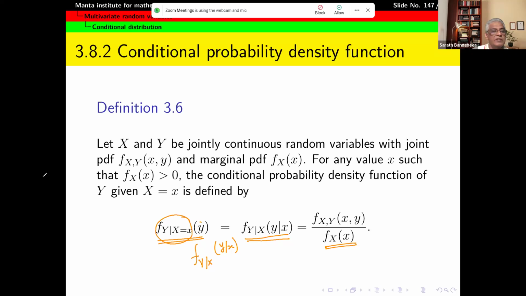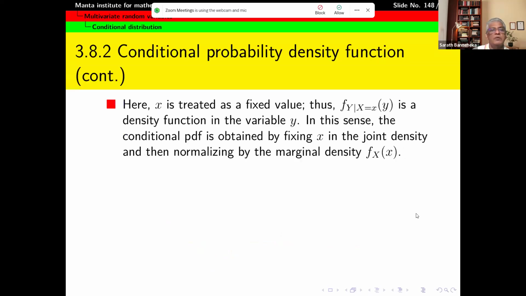So it's very clear, I guess. But one thing you have to remember is that this is not directly giving you probability. This is similar to the marginal densities that we have discussed earlier. They are density functions. Here, x is treated as a fixed value, so f of y given x equal to simple x, this whole thing is the label.